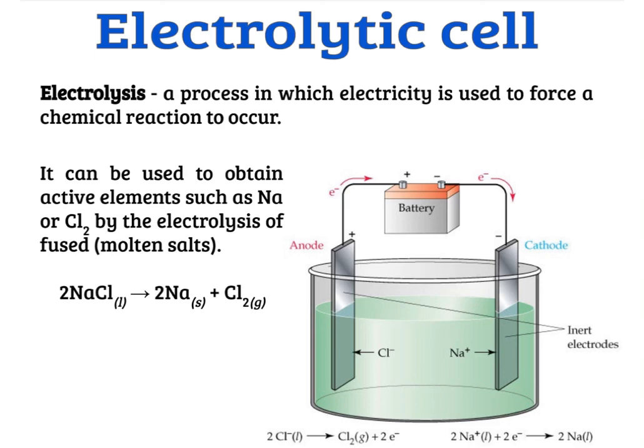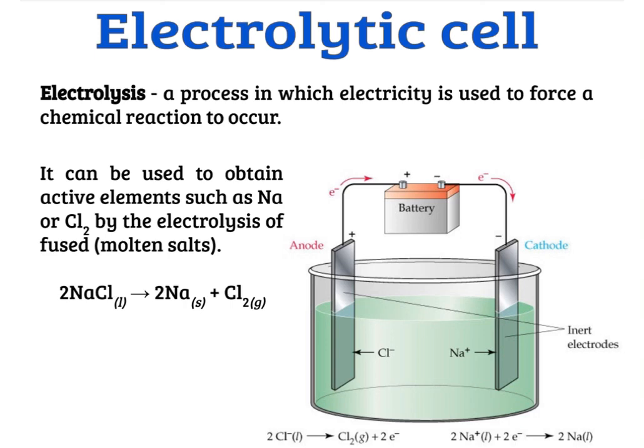So if I stick two electrodes inside of my molten salt and with the help of the battery create a positive charge on the anode and a negative charge on the cathode, I can expect my negatively charged ions traveling towards a positively charged anode and positively charged sodium ions traveling towards a negatively charged cathode.